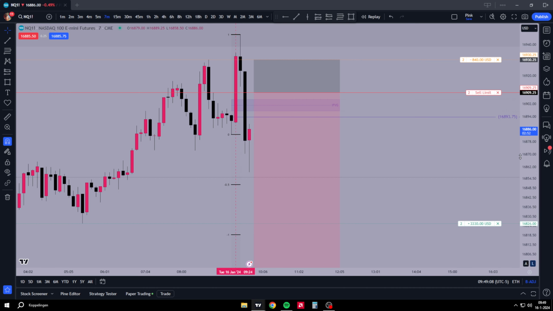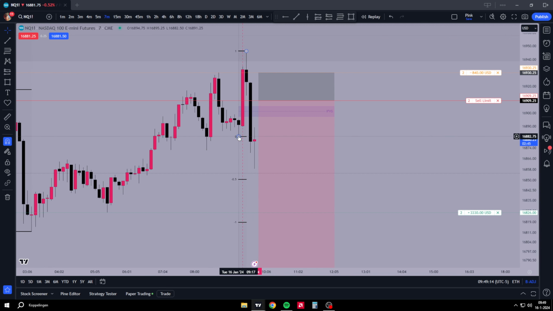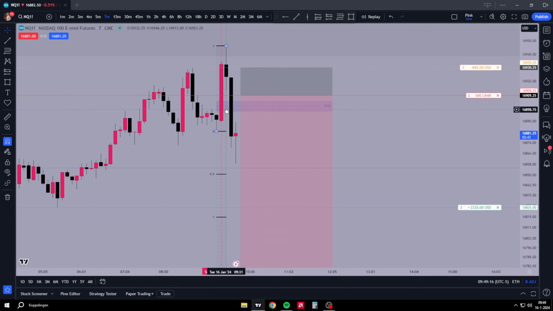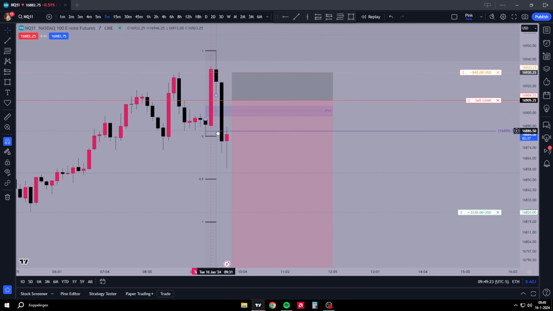But actually the setup isn't valid anymore because we also took out that swing low. So we want to see price, where is it? You want to see price come above here, or close above here, or on top of here, and then not take out that low, and then tap into there, and then go lower.